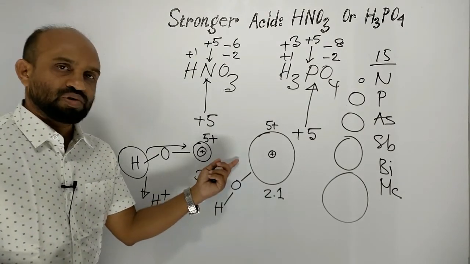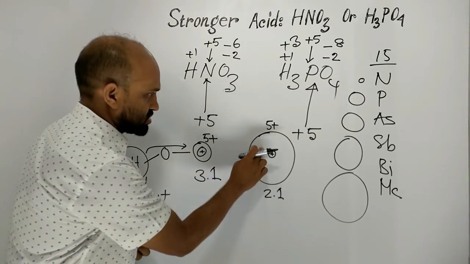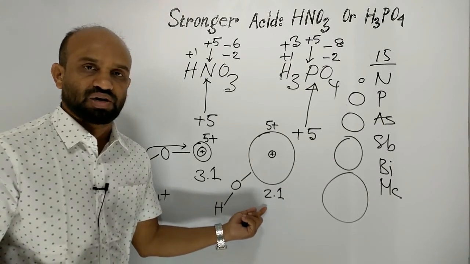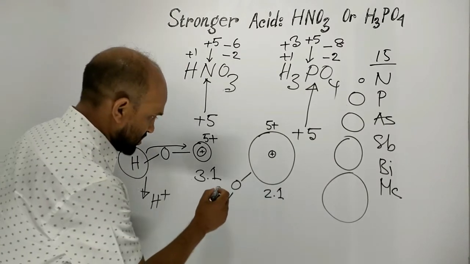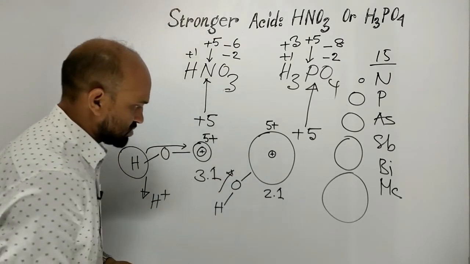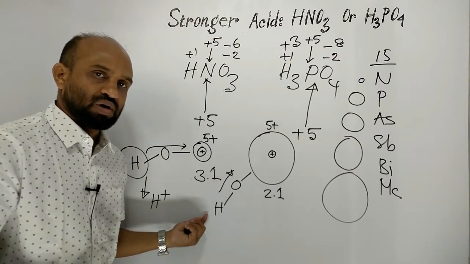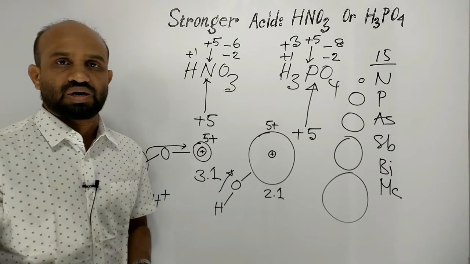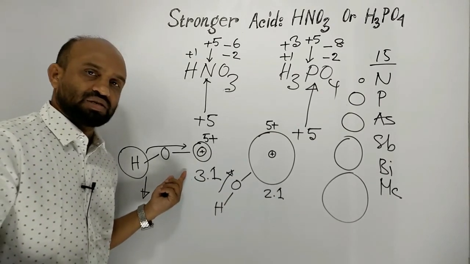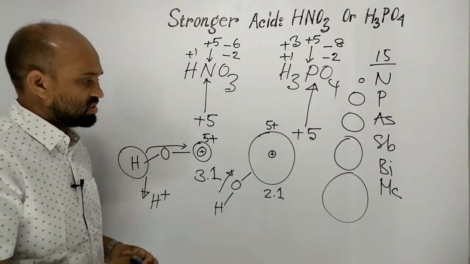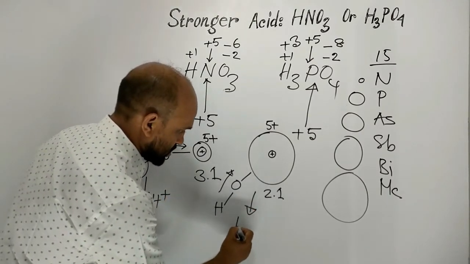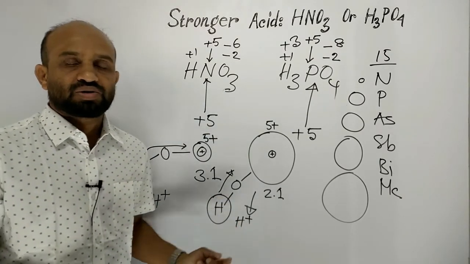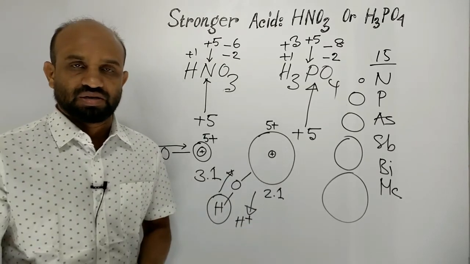But in case of phosphoric acid, its charge density is lower and its electronegativity is lower as well. That is why this movement of electrons from the hydrogen-oxygen bond towards phosphorus is not as strong as in nitric acid. That is why from this compound this hydrogen is freed as proton, but not comfortably, not easily.